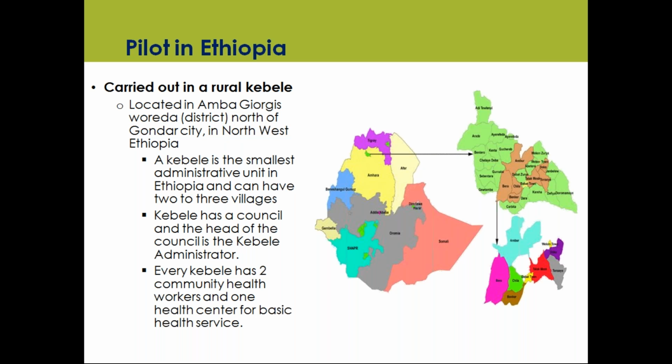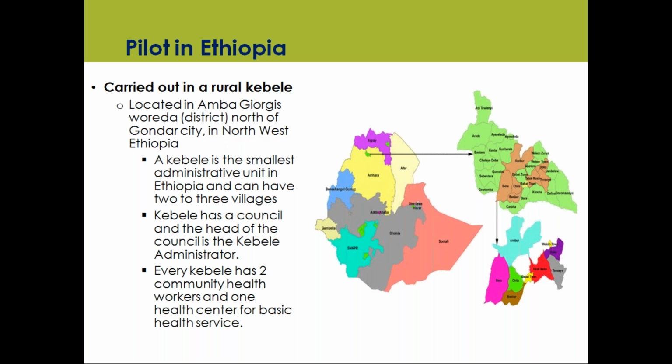So the University of Gondar, which is in Ethiopia, and Dr. Biniam is one of the assistant professors in that university, we worked together to carry out a test run of this guidance document, and as I said, learn more from it. This was done in one of the rural Kebeles. The Kebele is the smallest administrative unit in Ethiopia and comprises 2 or 3 villages.